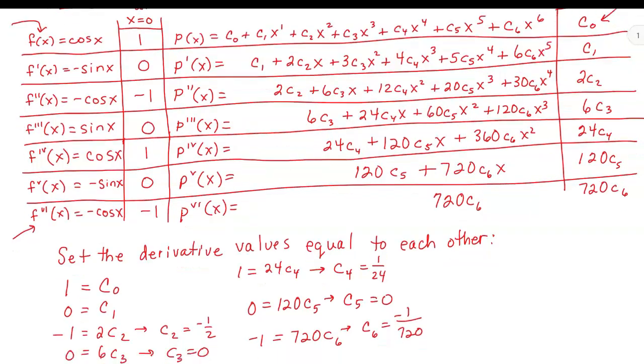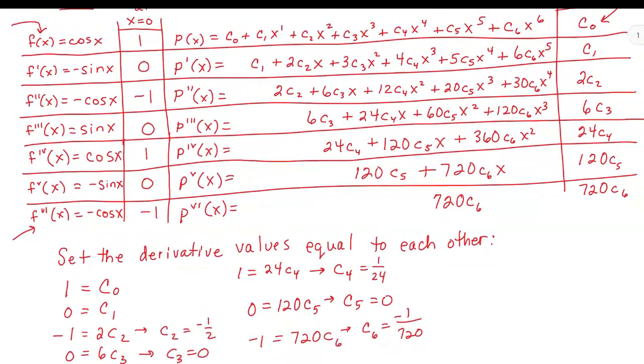Now I can set up my polynomial. The formula was up at the top. In the table, I had p of x equals this polynomial, c sub 0 plus c sub 1 x to the first, and so forth. So now I'm just going to substitute those values in. C sub 0 was 1. C sub 1 is 0, so that's 0 times x to the first.